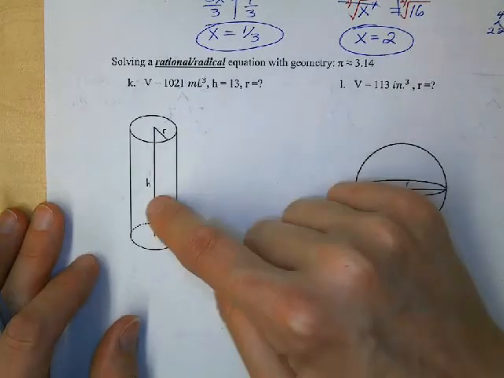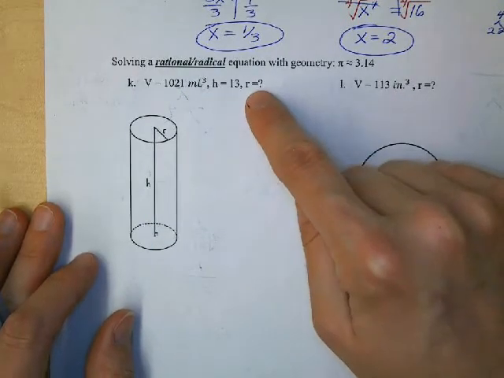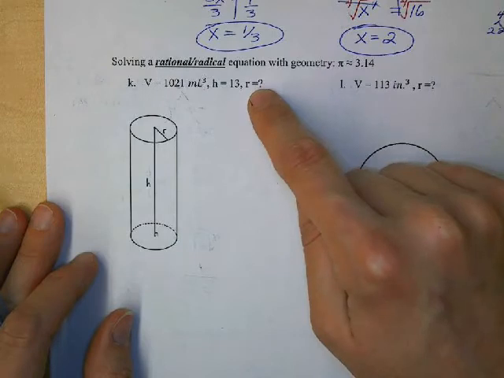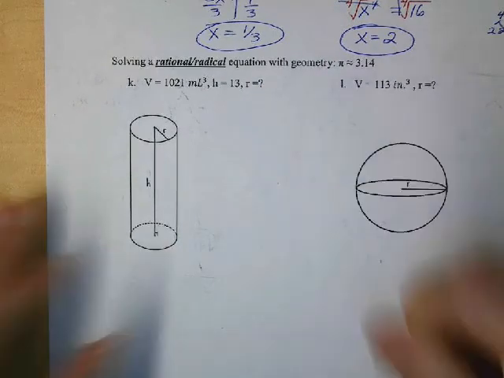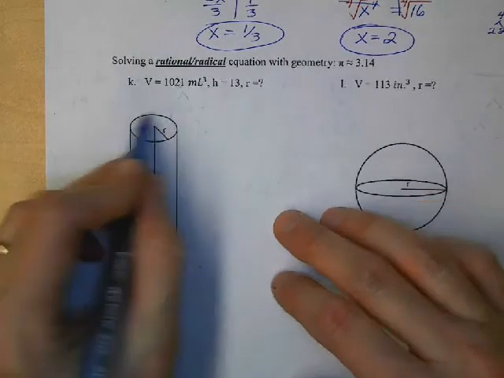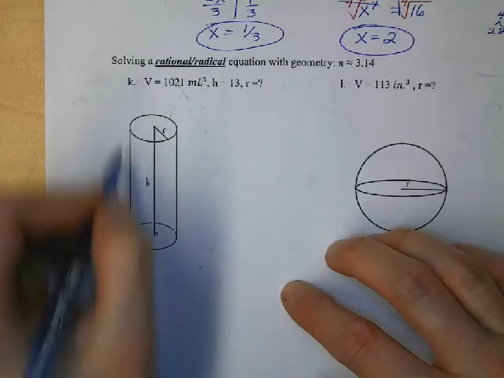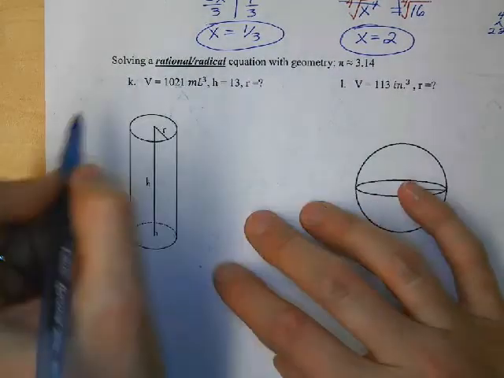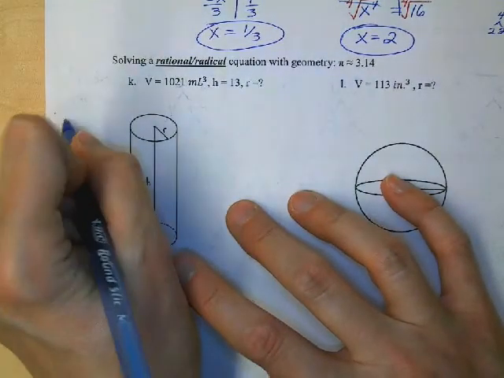The height is 13. Find the radius. You're like, oh boy. Well, when you're in geometry, you may have learned some formulas for these shapes. This shape is a cylinder.